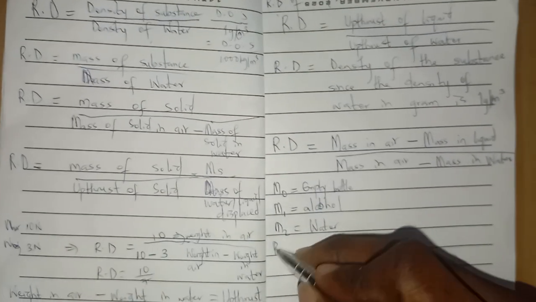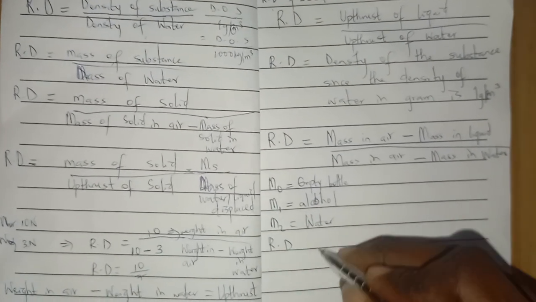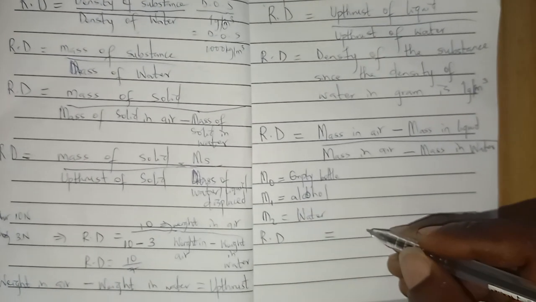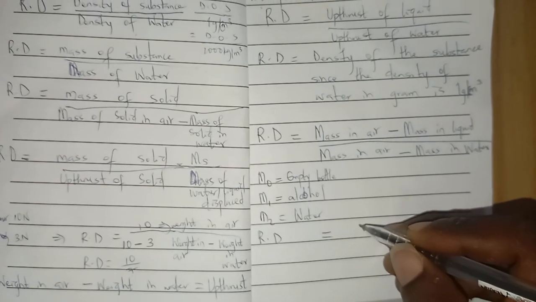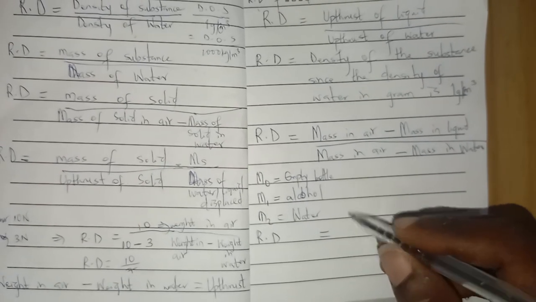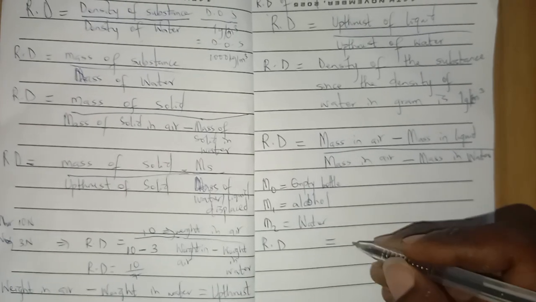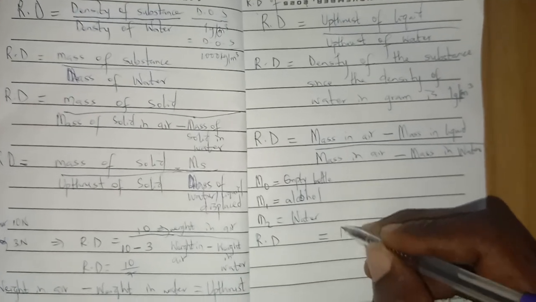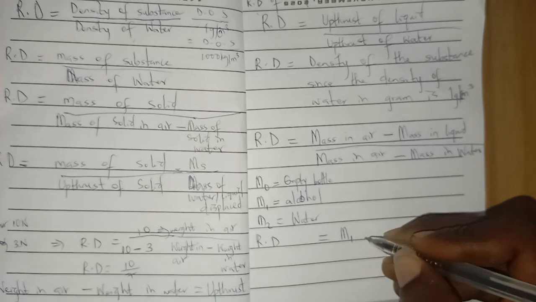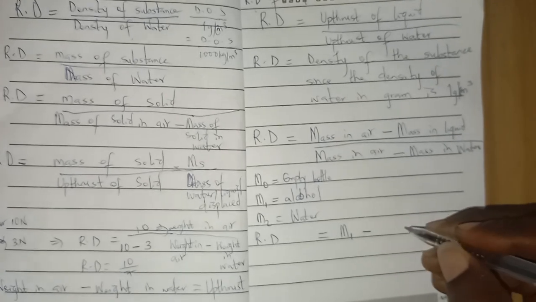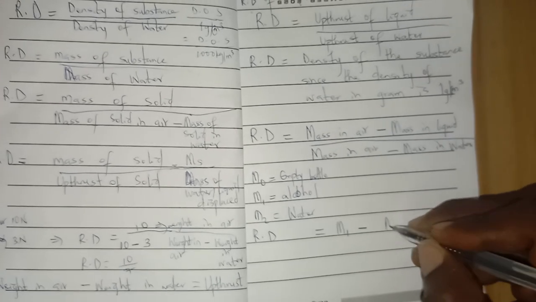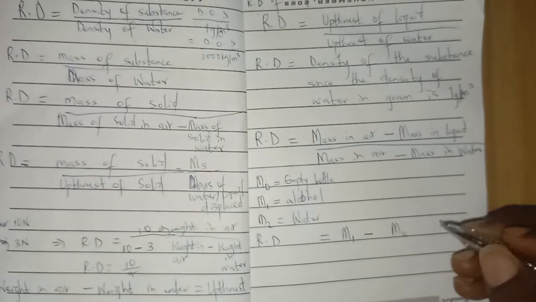If I want to get the relative density, what I will simply do is to say mass of alcohol, which is M1 minus M0, mass of empty bottle.